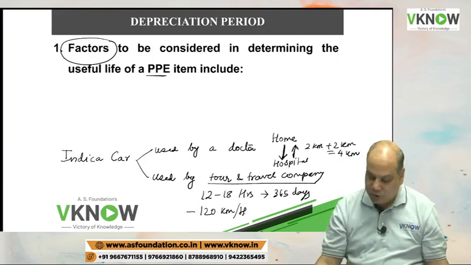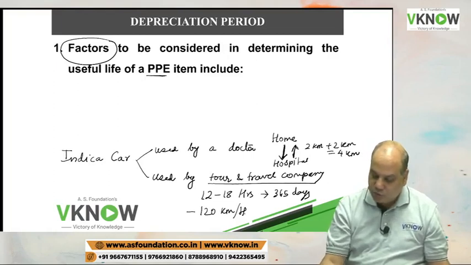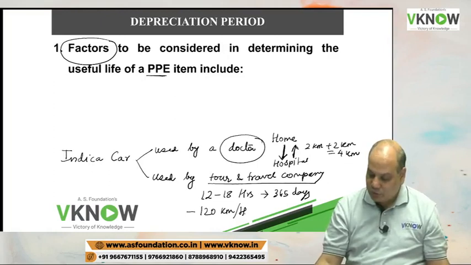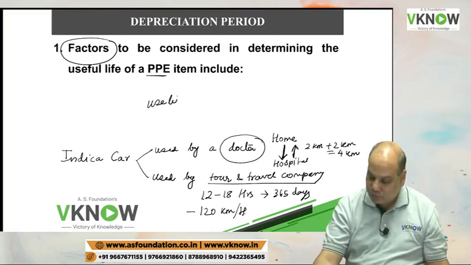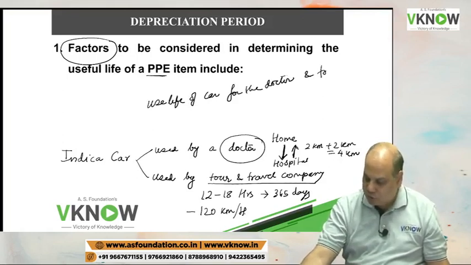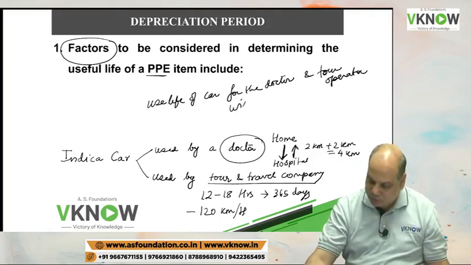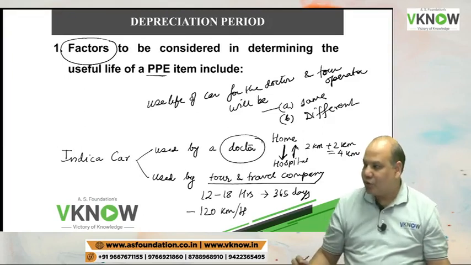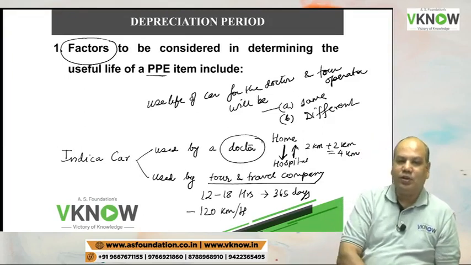Now you have understood the question. Useful life of car for the doctor and tour operator will be A same, B different. Quickly reply whether the useful life will be same.